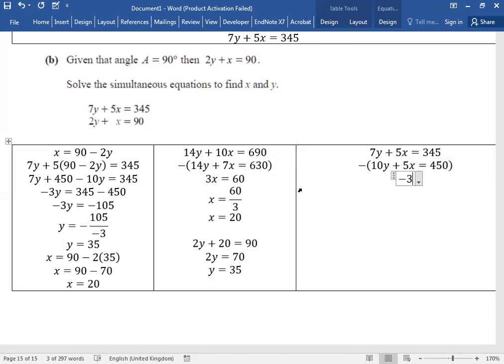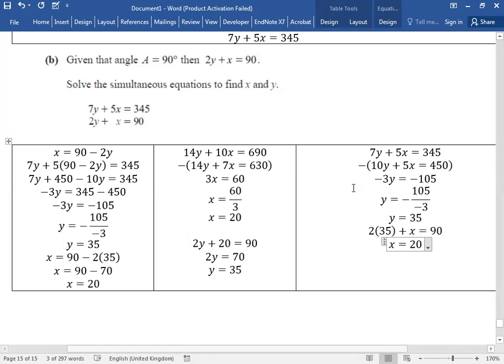So this becomes minus 3y, 5x cancel हो गया, minus 105, y is minus 105 upon minus 3, y is 35. फिर किसी में भी डाल लो, 2 into 35 plus x is 90, x is 20. Is this clear बच्चों? 7y minus 10y, सही है? So this is what you get. Clear है बेटे?